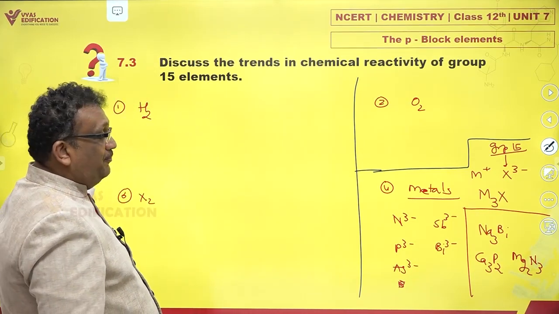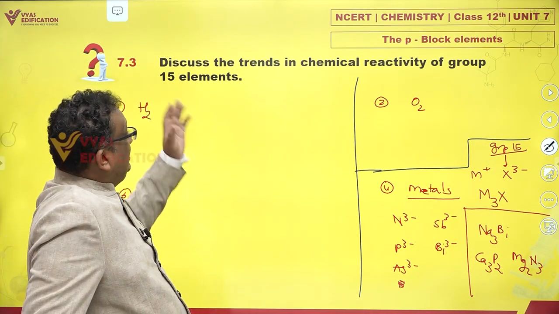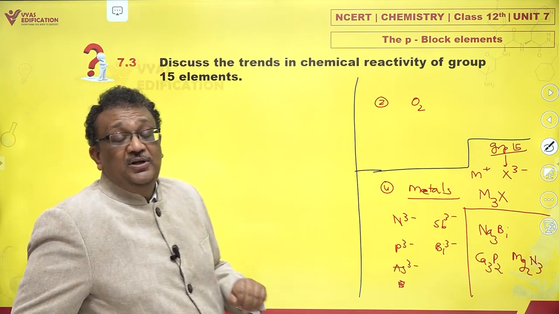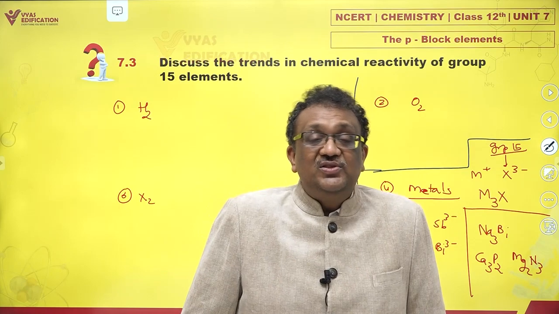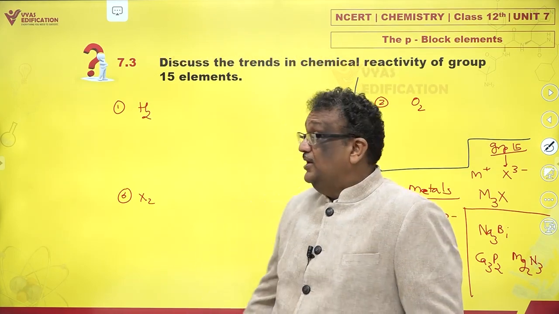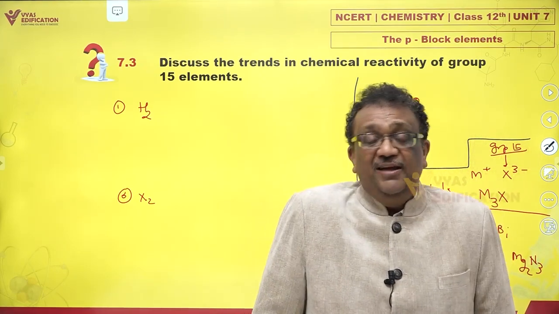Now, the problem is, they have also mentioned that you should discuss the trends in reactivity with hydrogen, but they have not mentioned how reactive is hydrogen towards nitrogen, phosphorus, arsenic, antimony, bismuth. The same they have not mentioned for oxygen and halogens as well. The trends they have not mentioned.